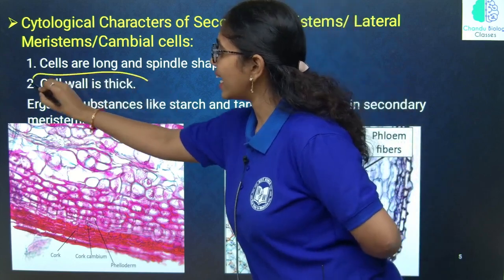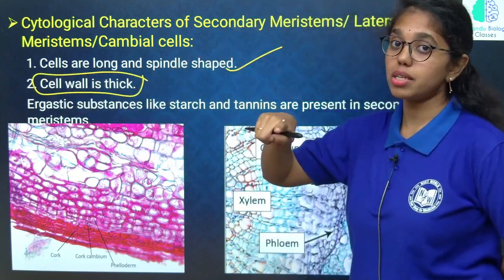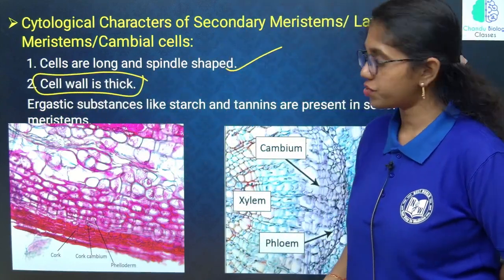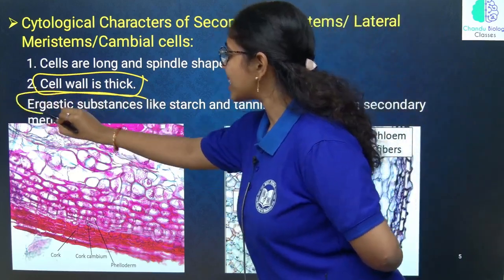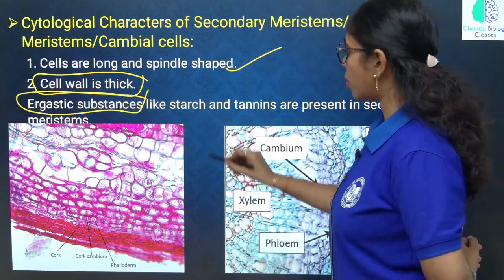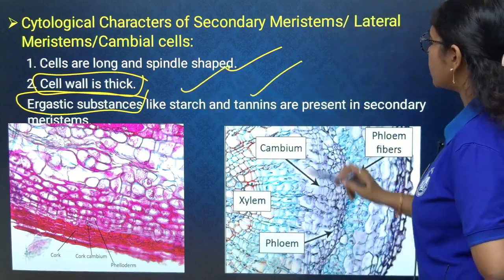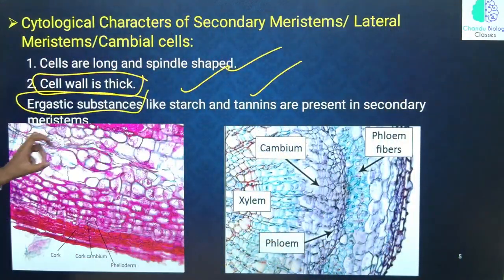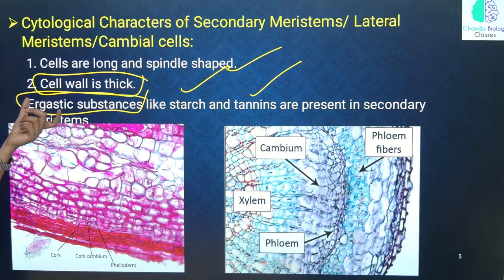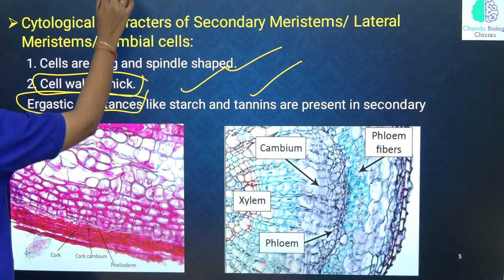Cell wall is thick, not like the primary meristems where cell wall is thin and made of cellulose. And here in secondary meristems, ergastic substances like starch and tannins are stored. So, these are the characteristics we have to remember with respect to the cells of secondary meristems.